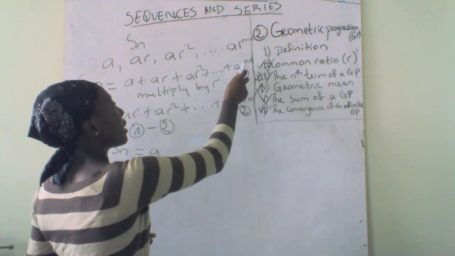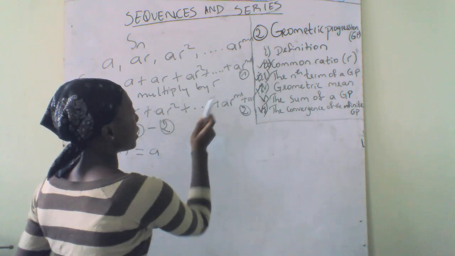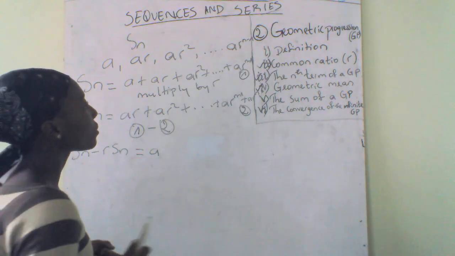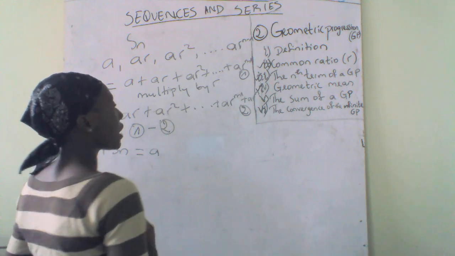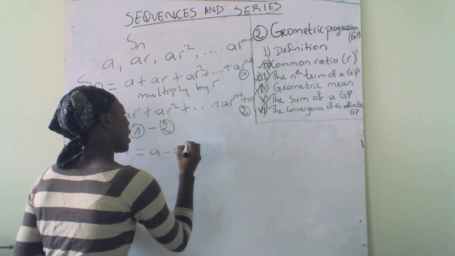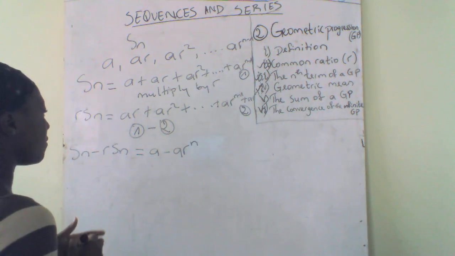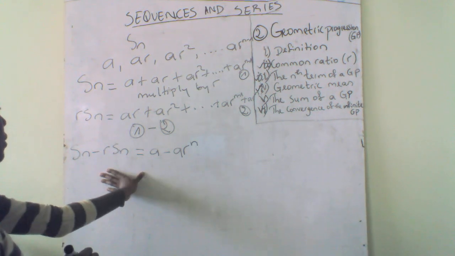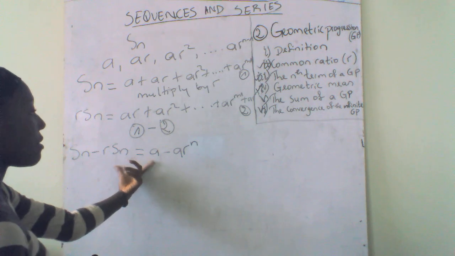If I do ar^(n-1) minus ar^(n-1), 0. Then 0 minus ar^n will give me minus ar^n. So this is what I am left with.